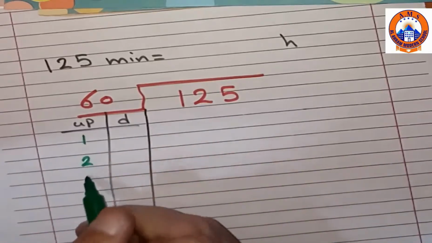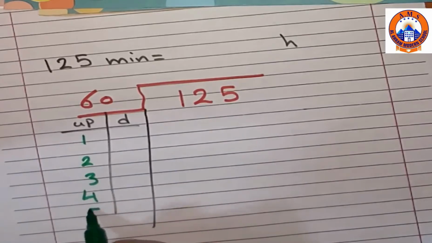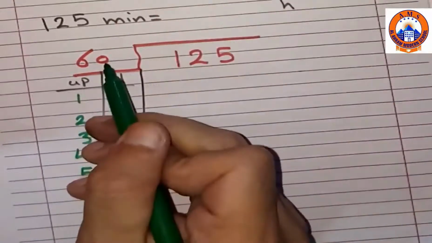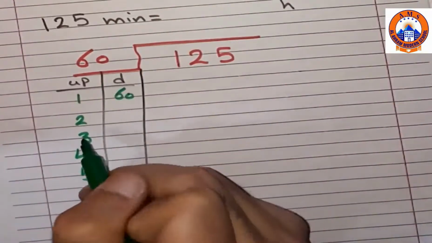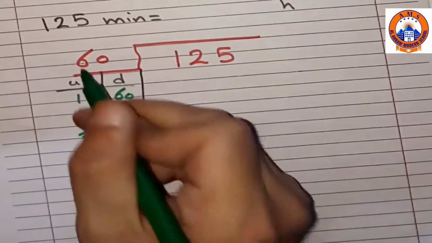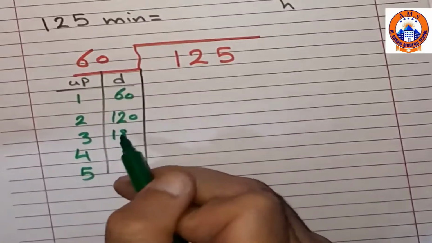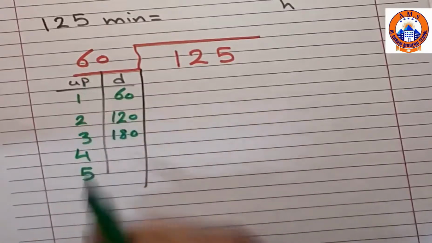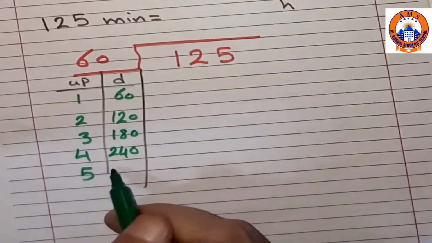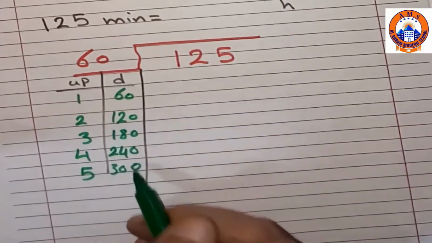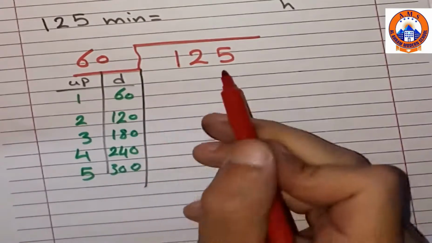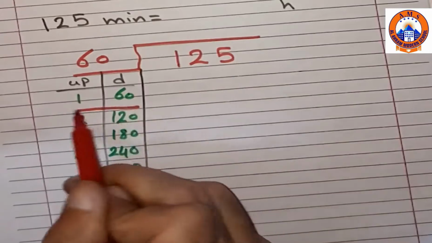Here is 1, 2, 3, 4, 5. 60 times 1 is 60. 6 times 2 is 12, and we have 0, so it's 120. 6 times 3 is 18, and we have 0, so it's 180. 6 times 4 is 24, and we have 0, so it's 240. 6 times 5 is 30, and we have 0, so it's 300. So the closest answer to 125 is 120.